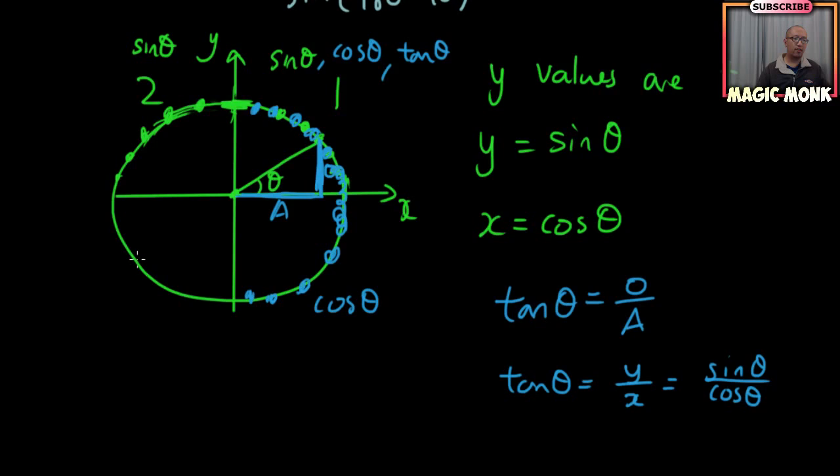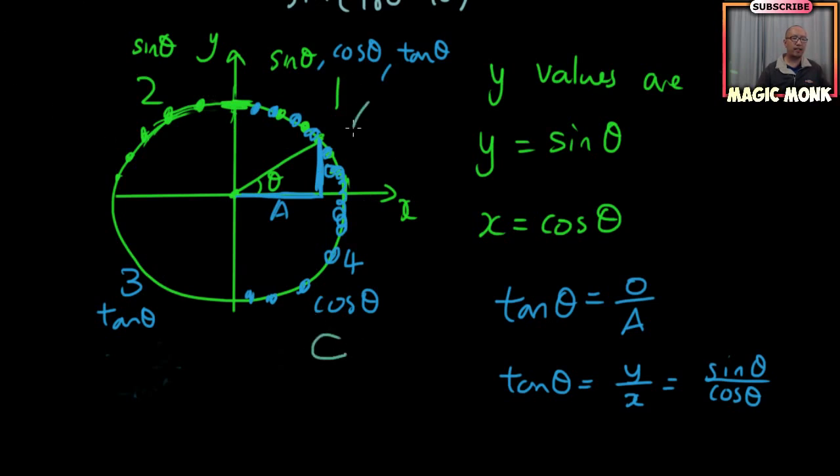So in quadrant 3, I should have probably labeled 1, 2, 3, 4 first, because both sine and cosine are negative, negative over negative is actually positive. So therefore, tangent theta is positive in this quadrant. Okay, so that's where CAST comes from.